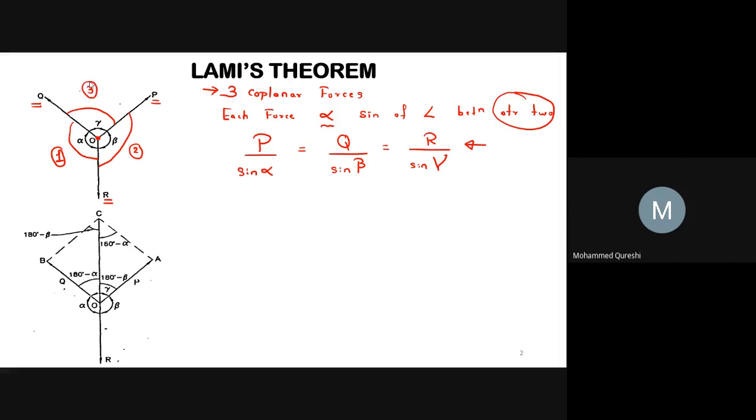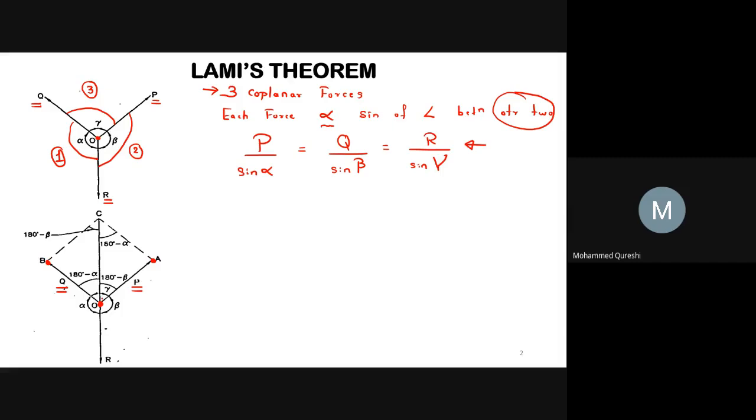Now, we have to draw two lines. First of all, line OA, which equals force P, and line OB, which equals force Q, to some scale, meeting both lines at point O.